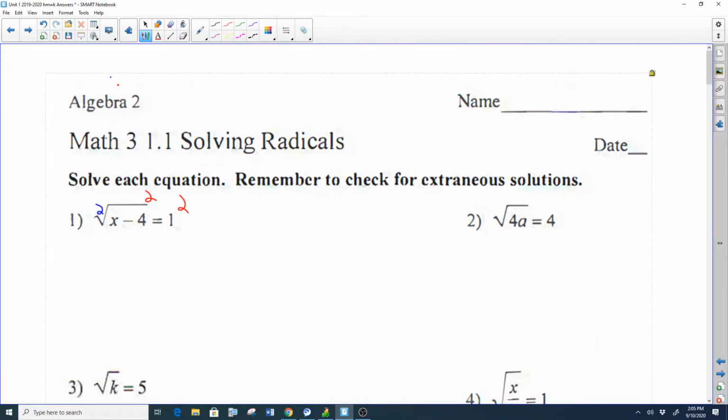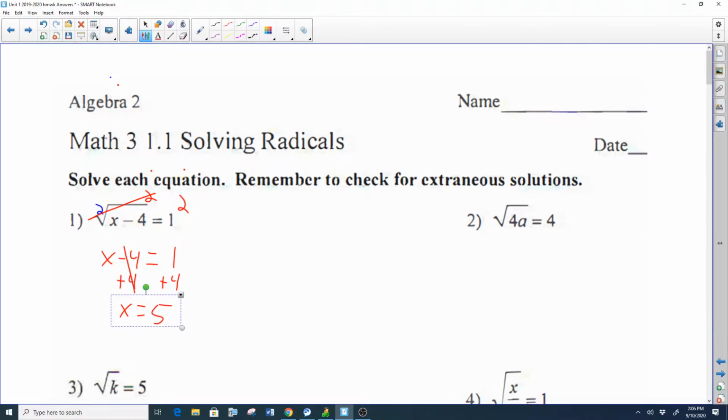If you do it to one side, then you have to do it to the other side. So that undoes the power 2, and then you get x minus 4 is equal to 1 squared. And 1 squared is just 1. So then, to finish this problem, we just add 4 to the other side, so then you get x equals 5.